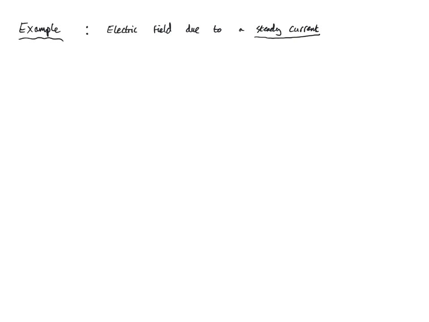So the first step is to notice that our current density, J of r and t, is time independent if it's a steady current. So this is constant in time. Another way of saying that is that J dot is equal to 0.